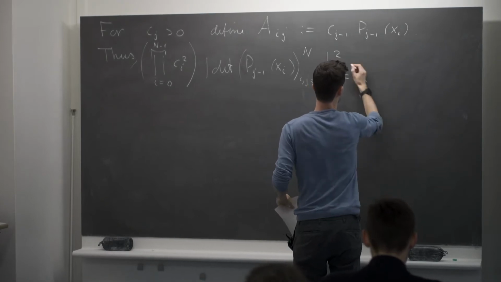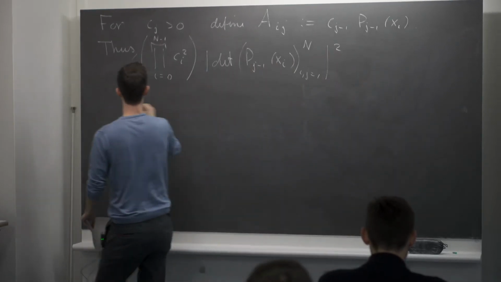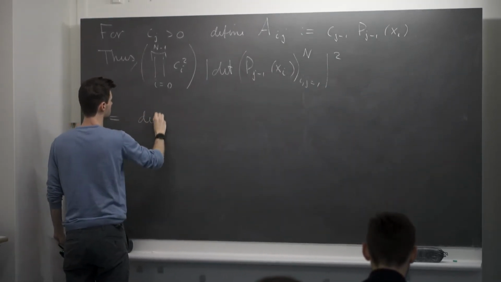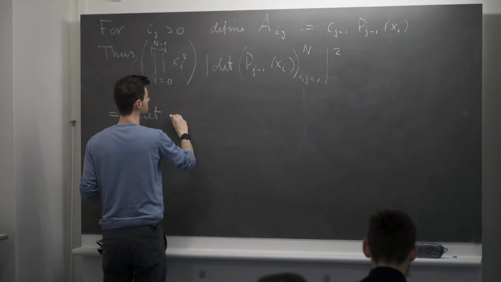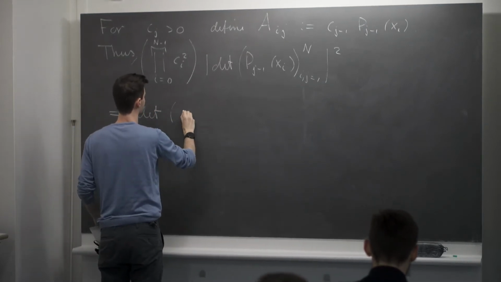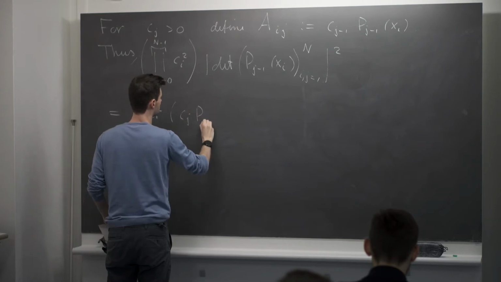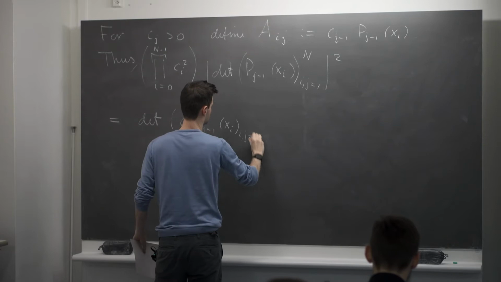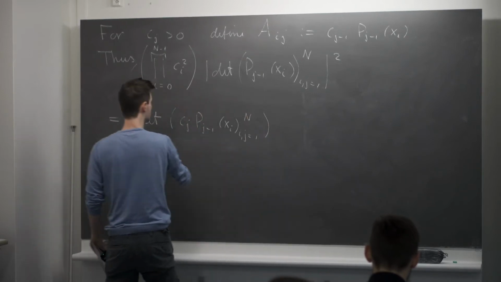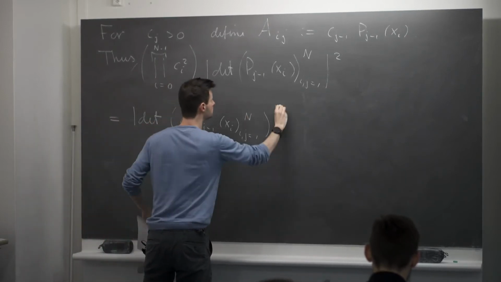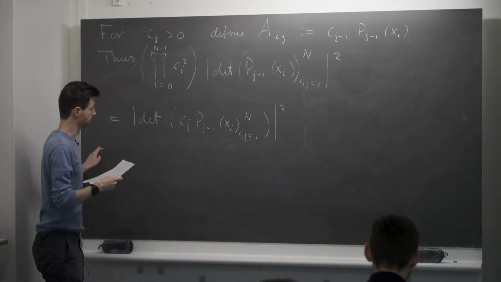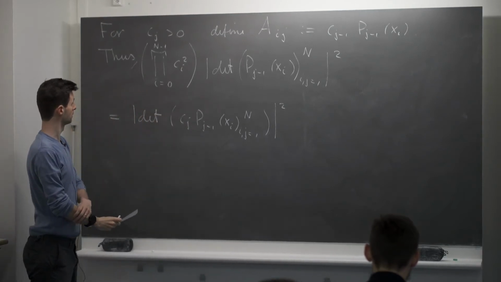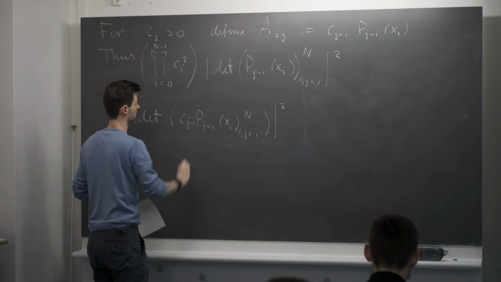So just to repeat what I said, using the multilinearity, this is equal to the determinant of Cj Ej minus 1 xi, it's given by the following Cj minus 1.